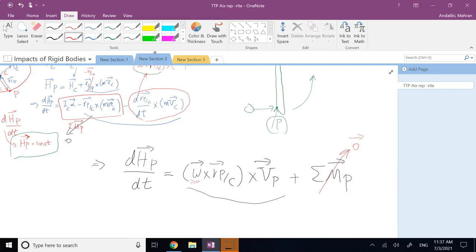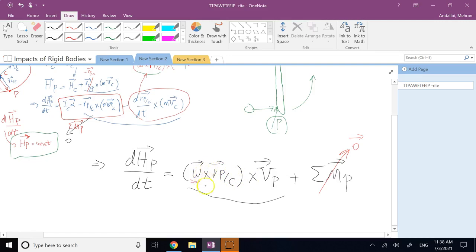Since the impact is just a fraction of a second, if you write this equation right at the time of impact, you can assume that this omega is 0 momentarily. Because after impact, of course, omegas would change from 0 to non-zero values, and we are going to find them. But just because omegas of the two objects right before impact were 0, and omega has to continuously change.